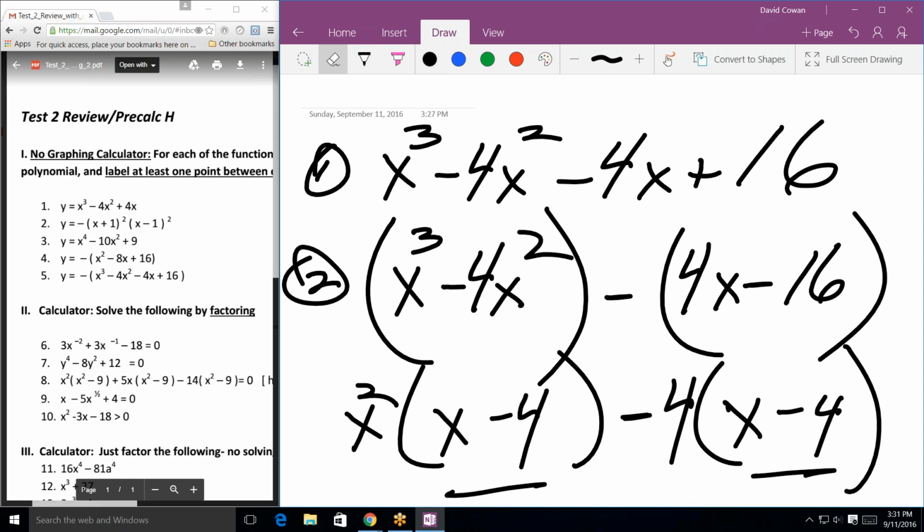So the only time you can consider grouping to solve a cubic is if the ratio of the x cubed term to the x squared term is the same as the ratio of the x coefficient to the constant. And in this case, they're both negative 1/4, which means grouping's going to work.